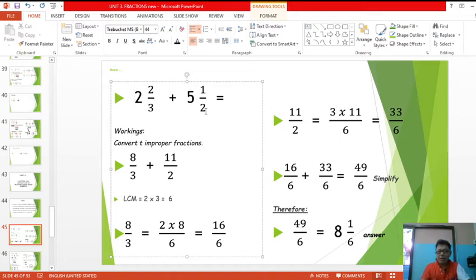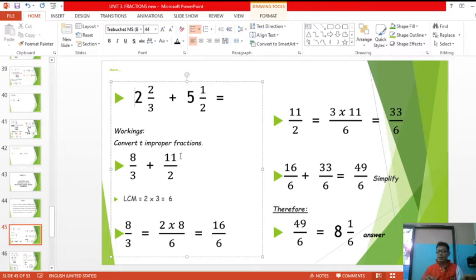You have 2 times 5, so that's 10, plus 1. So your result here is 11/2. Now, both of these improper fractions have different denominators, so you have to go on with the next step.